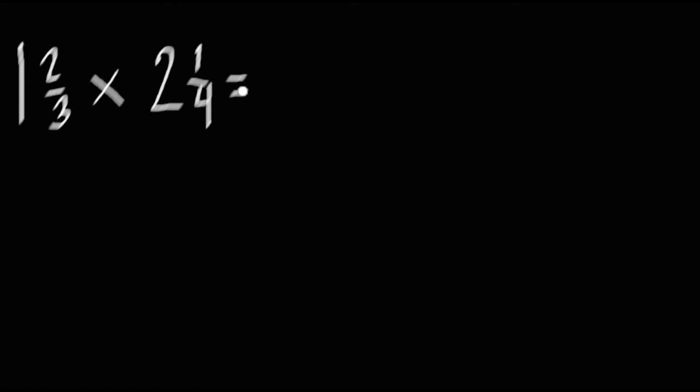In doing so, we have to multiply the denominator of the fraction part to the whole number and add the product to the numerator. That is, 3 times 1 equals 3, plus 2 equals 5. 5 will be our numerator for our first fraction, 5/3.